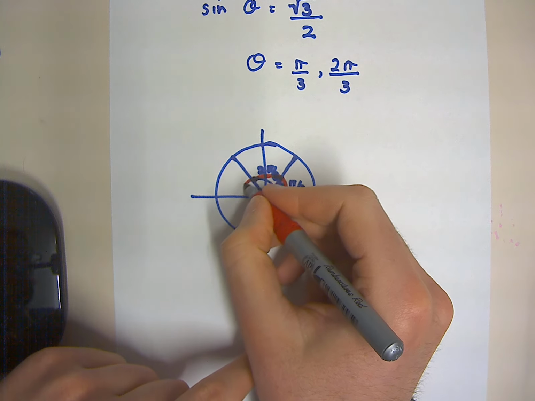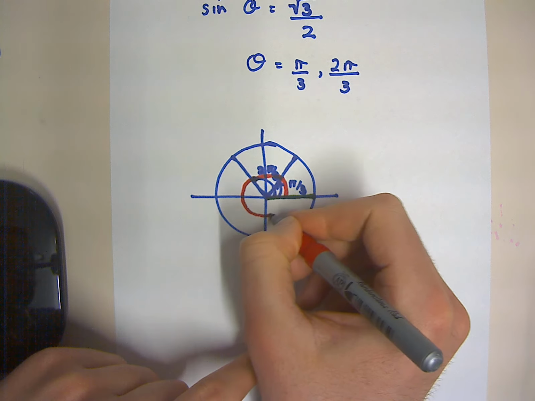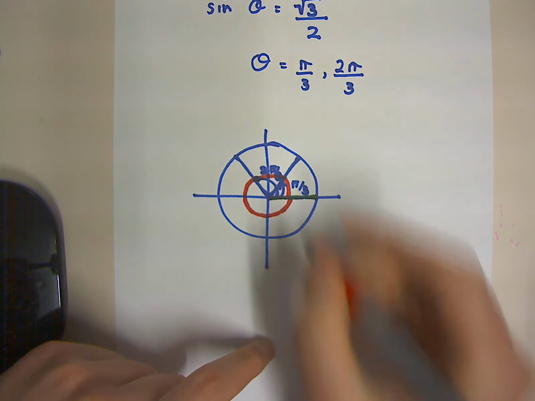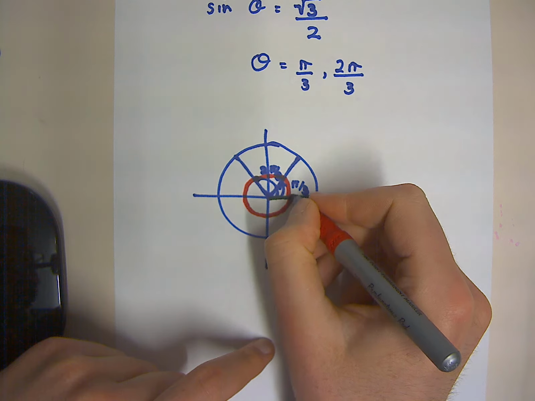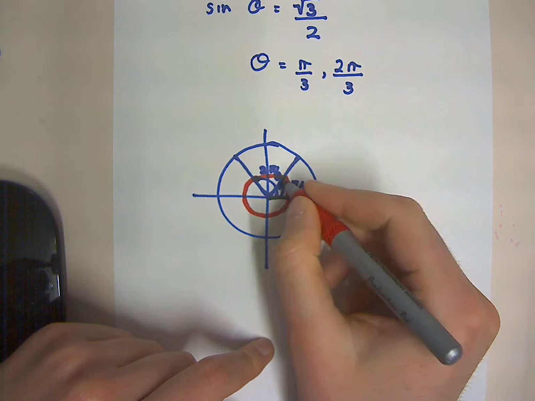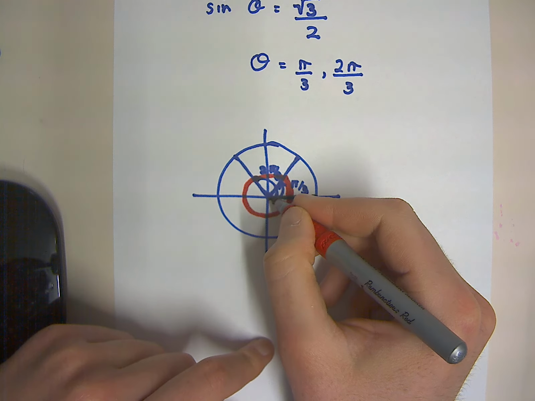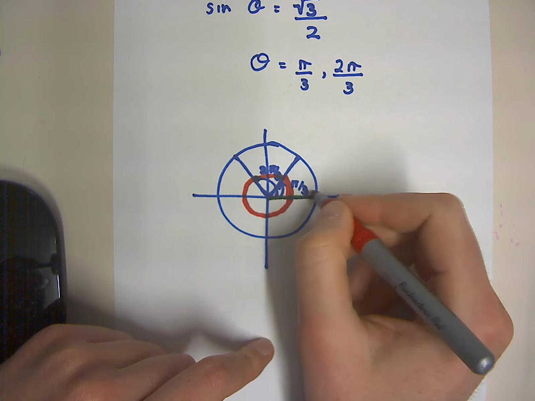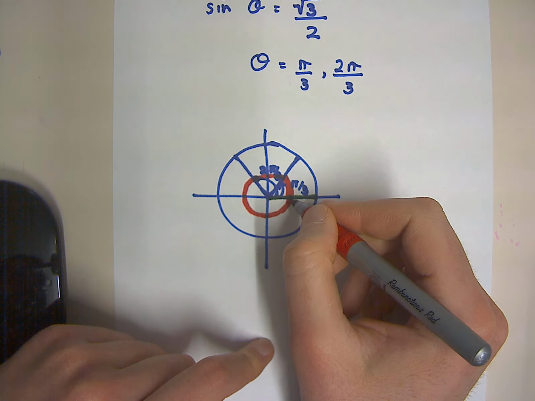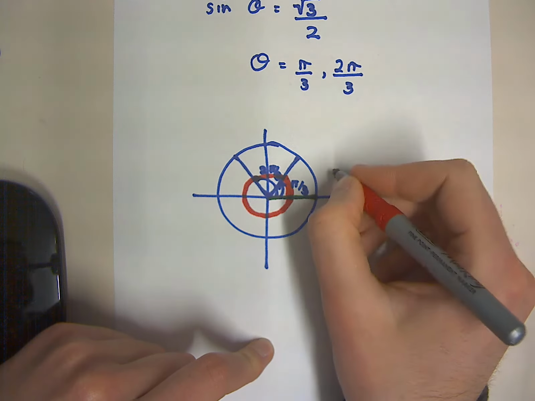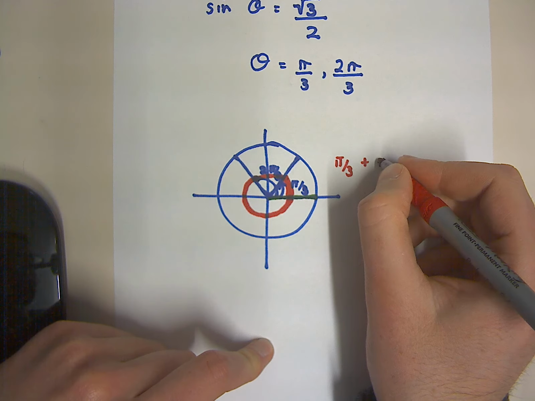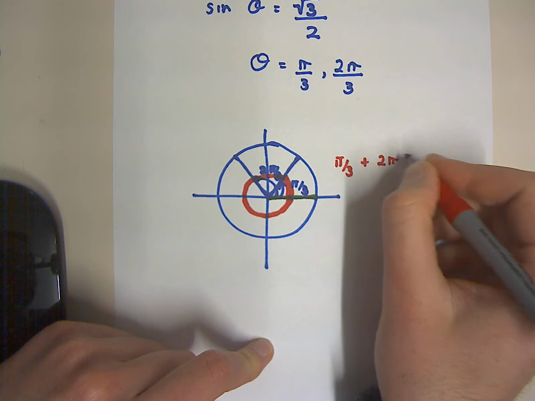But if I keep going past 2 pi on 3, come all the way around, I come to 2 pi, and then if I still keep going, I can come back to this line here. Now the angle is no longer pi on 3 because I've gone round an extra circle. So it's pi on 3 plus 1 full revolution extra, which is 2 pi.